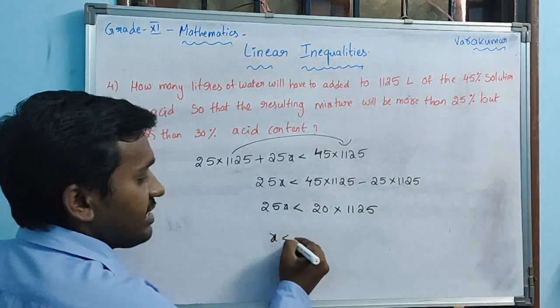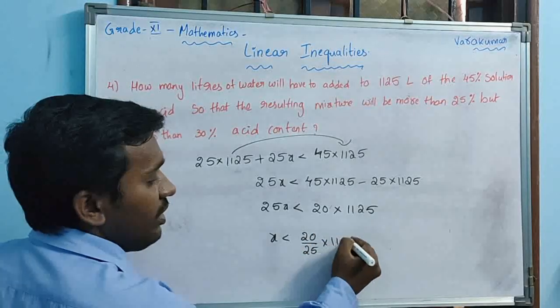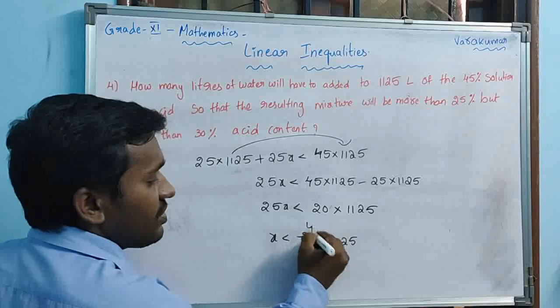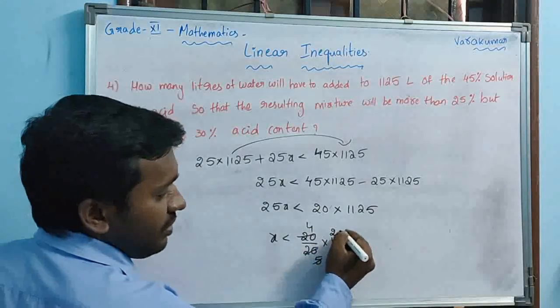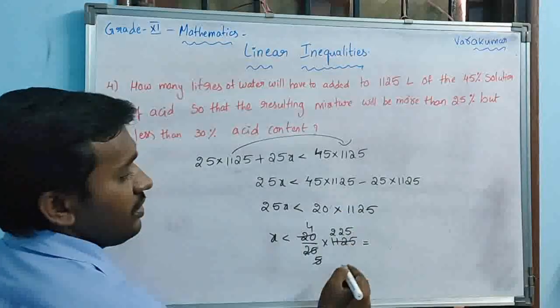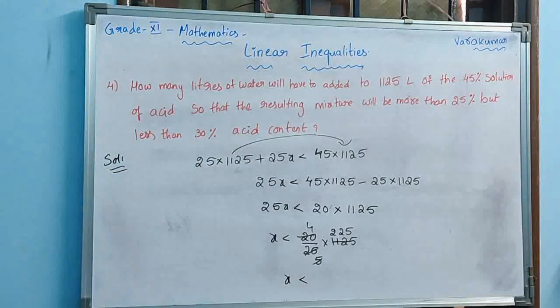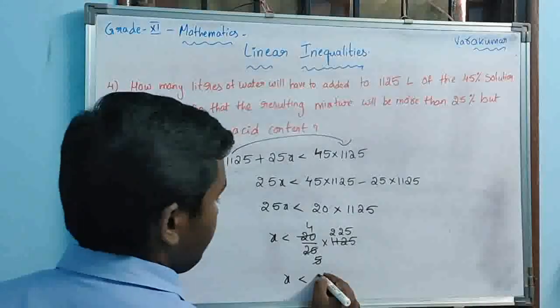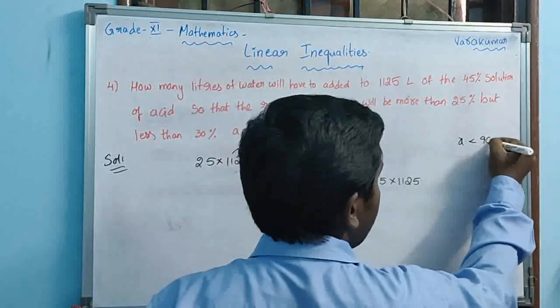Then x is less than 20 by 25 into 1125. Five fours are twenty, so we get x less than 225 into 4. 225 into 4 is 900. So the first condition we got: x less than 900.